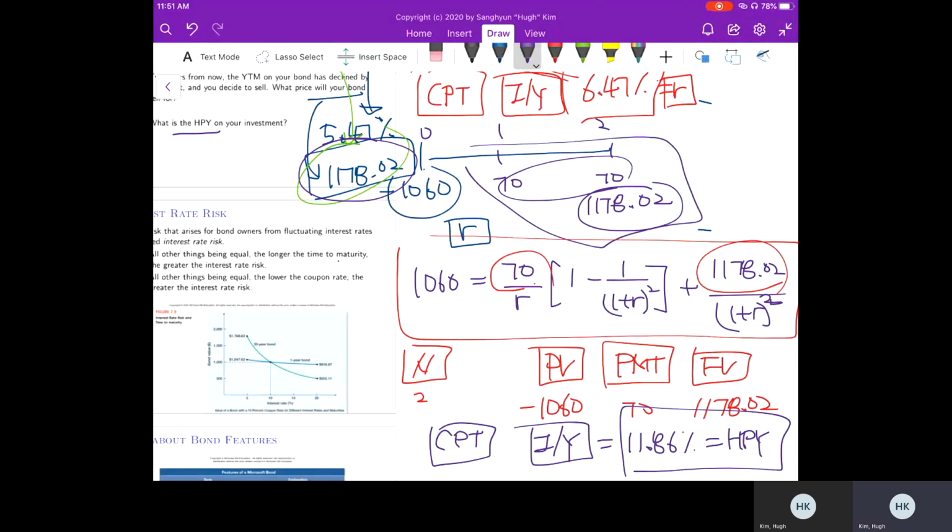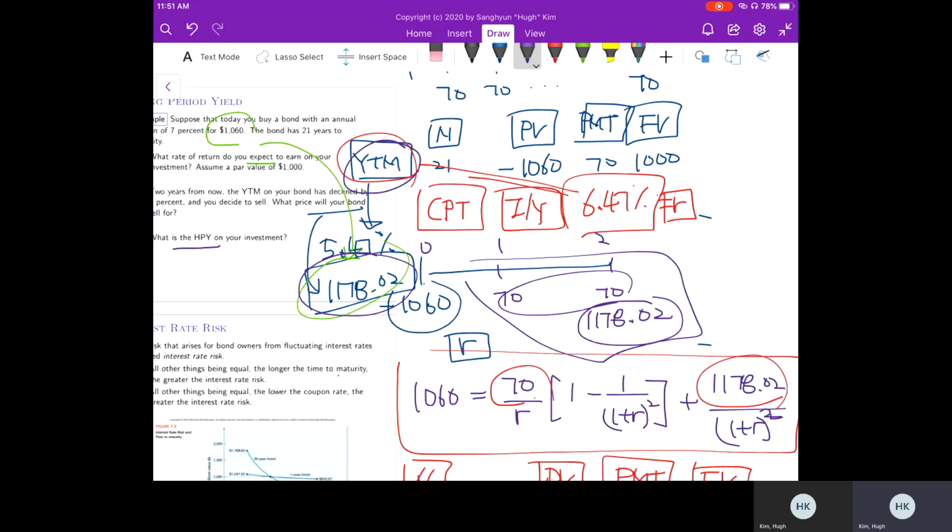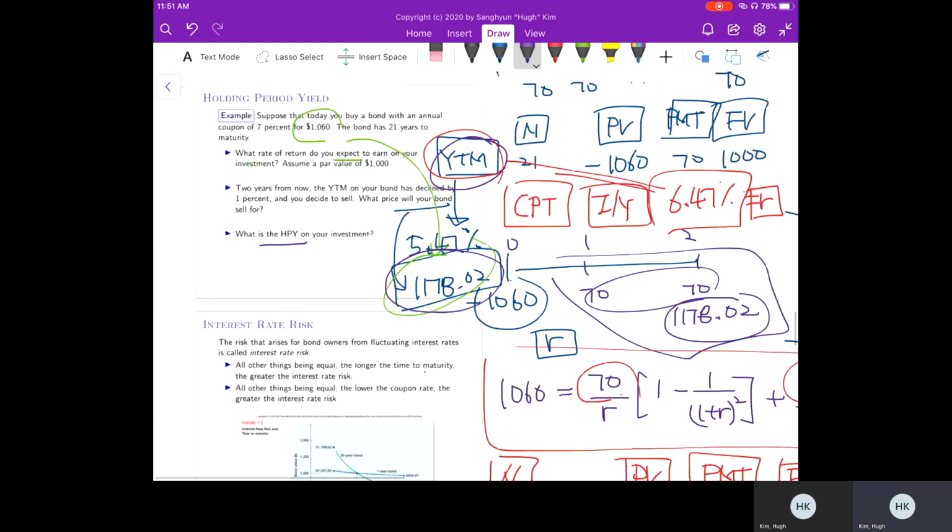So luckily for you, because interest rates have declined, you earned higher returns than what you expected 2 years ago. But if things had gone the other way, you may have earned lower returns.